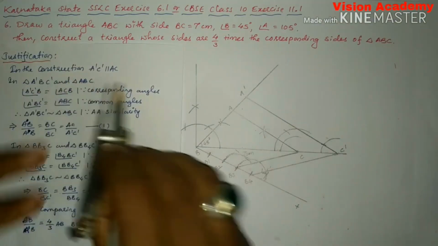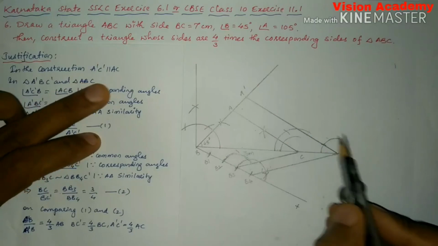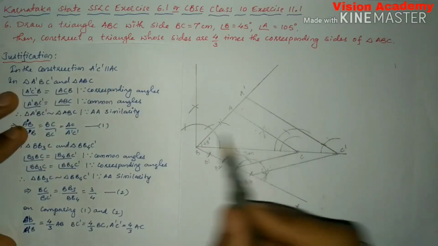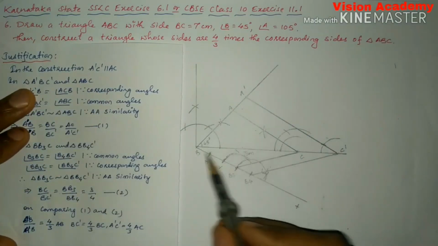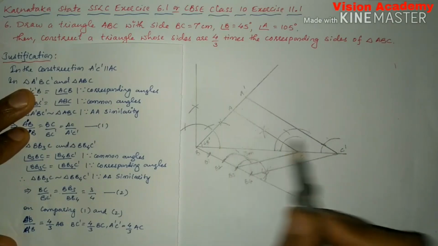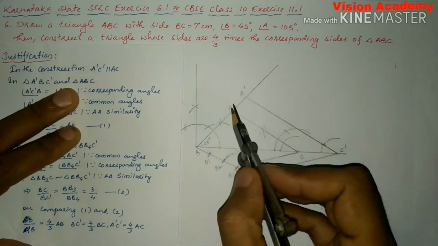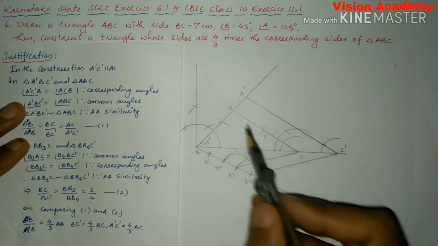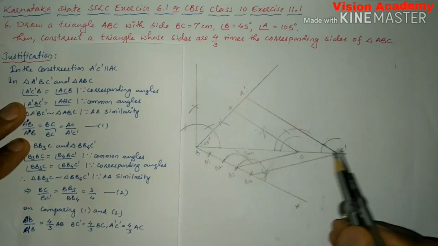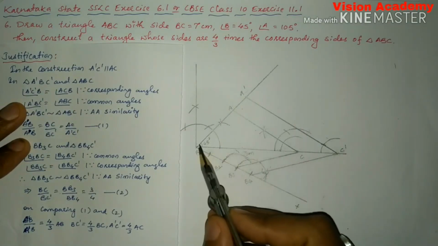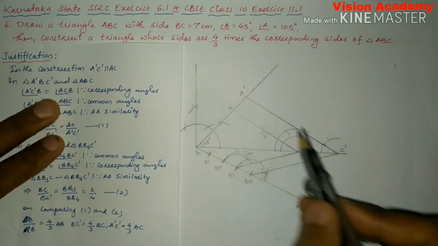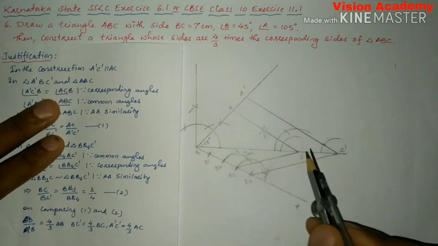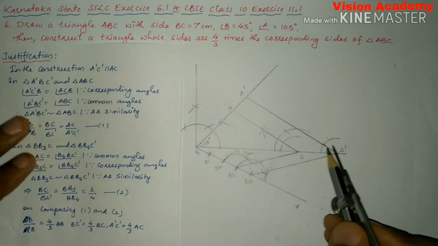In construction, A dash C dash is parallel to AC. In triangle A dash B C dash and triangle ABC, angle A dash C dash B is equal to angle ACB because these two are corresponding angles.